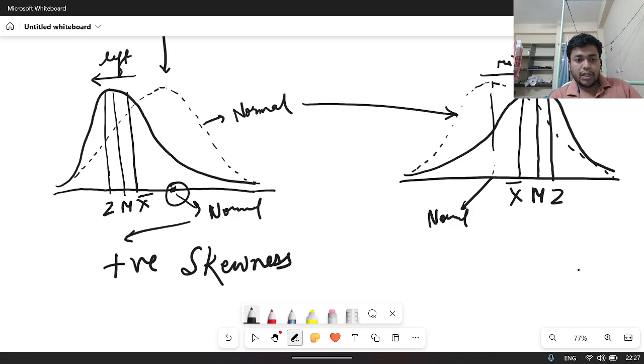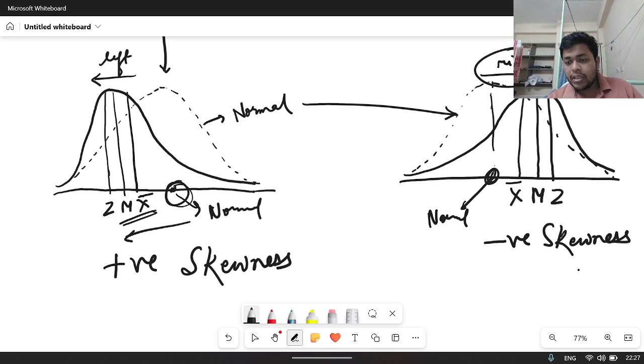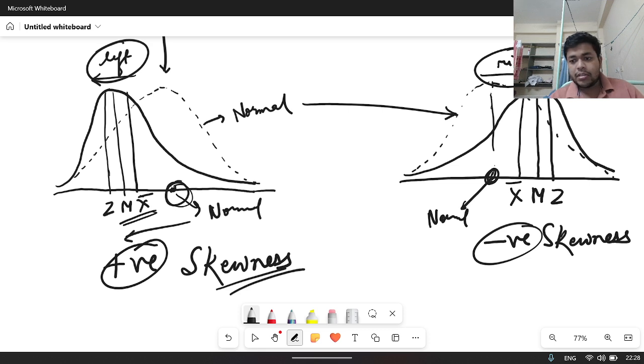From this point, the mean, median, and mode have shifted towards the right. So when all three central tendencies shift towards the right with respect to the normal distribution, there will be negative skewness. Went towards the right, negative; went towards the left, positive. What do you mean by skewness? Skewness is nothing but the asymmetry.